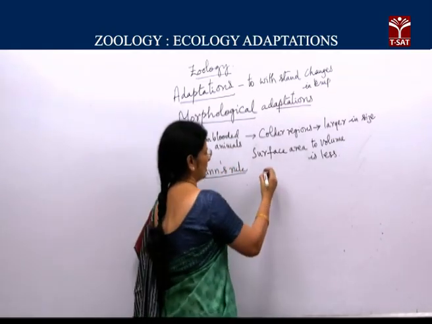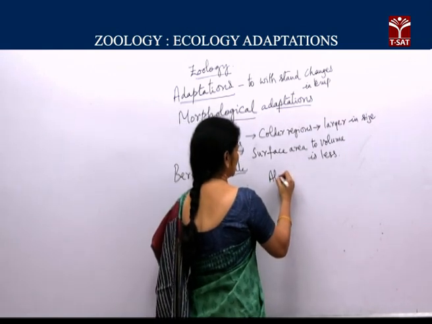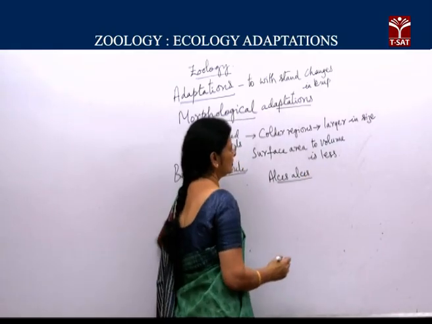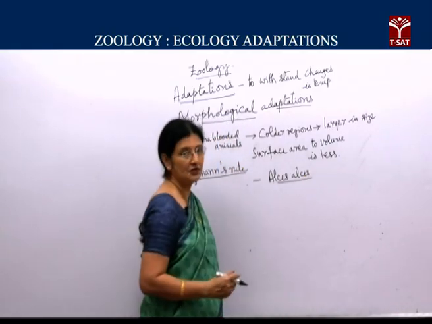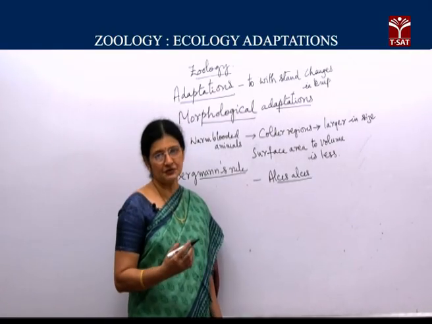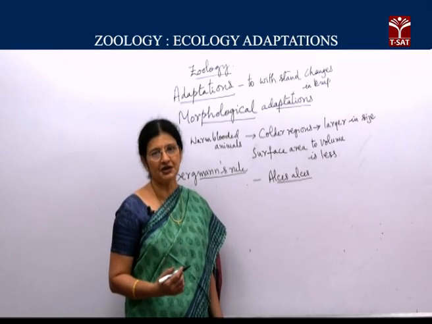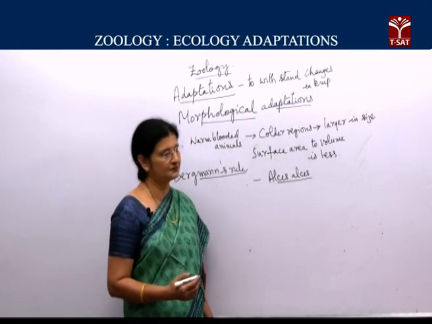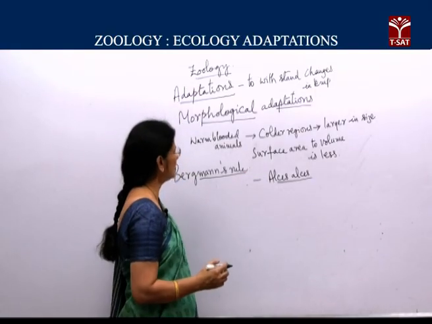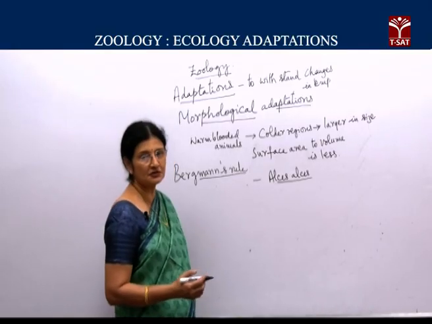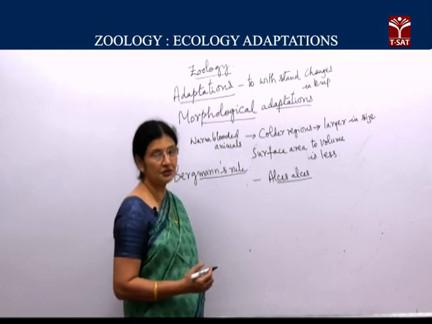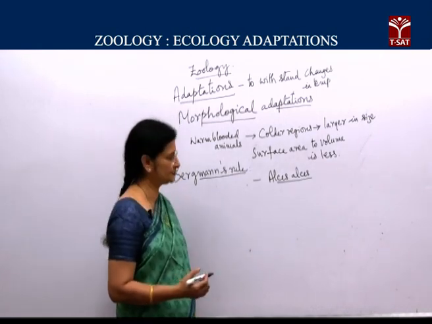Example: the American moose, living in colder regions, has a larger size. And the same species, when living in warmer regions, has a smaller size. So this is Bergmann's rule, the effect of temperature on body size.